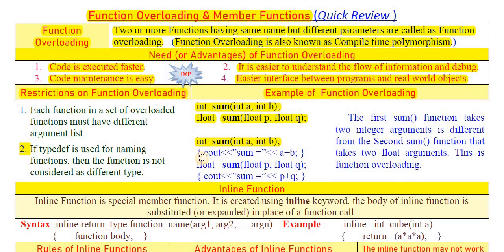Body of first sum function is here, opening flower bracket, and this is some statement, and this is closing flower bracket. So this is the body of first sum function, and similarly this is the body of second sum function. As I have told, the first sum function takes two integer arguments, which is different from the second sum function that takes two float arguments.